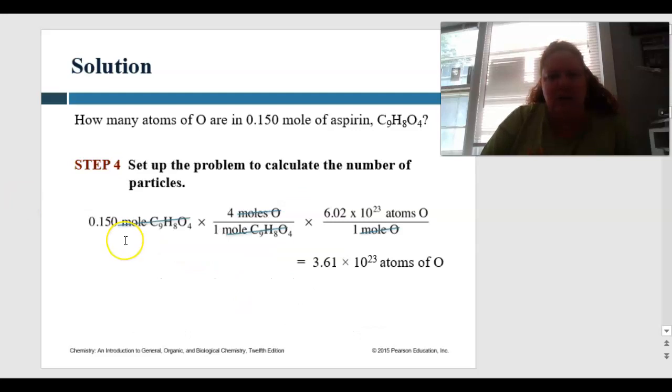We have 0.150 moles of aspirin to cancel out, 4 moles of oxygen on top, and Avogadro's number for 1 mole. So 0.150 times 4 times 6.02 times 10 to the 23rd gives us 3.61 times 10 to the 23rd atoms of oxygen in aspirin.